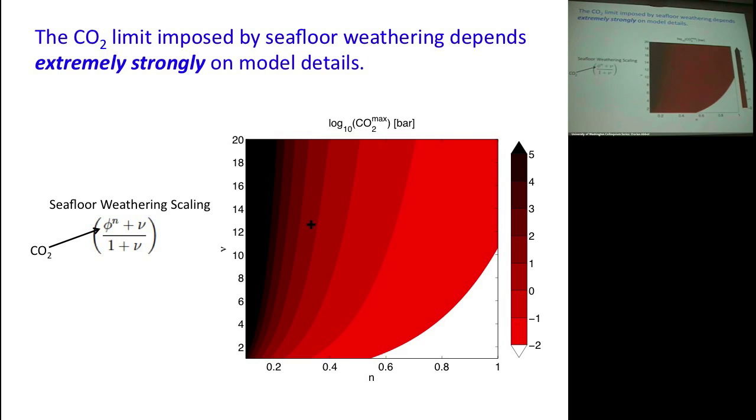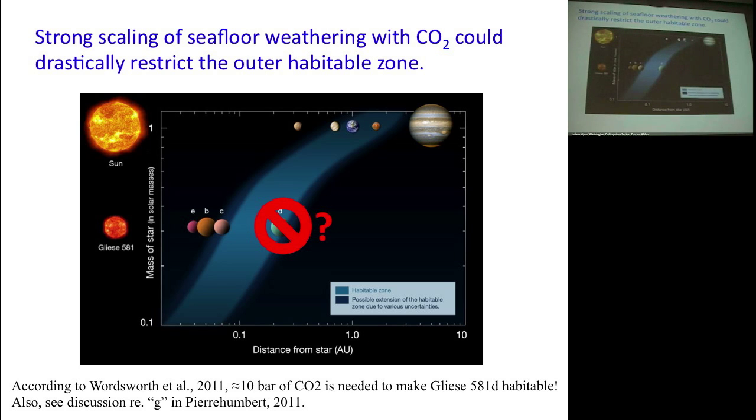And that's critical because if you look at the outer edge of the habitable zone, so for example in this Gliese 581 system, I'm not plotting the planet that nobody knows if it's there or not, but I'm plotting only planets that we think are there. There is this planet, I don't think anyone argues with that, this d planet, that's somewhere near the outer edge of the habitable zone.